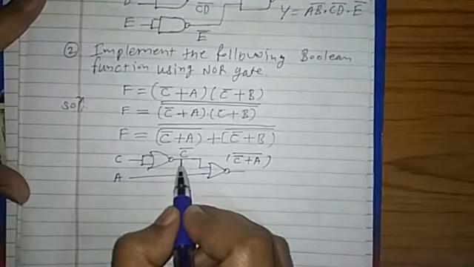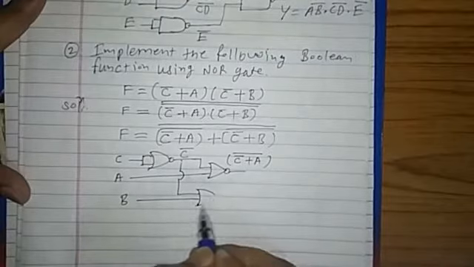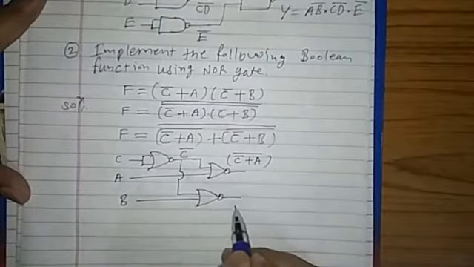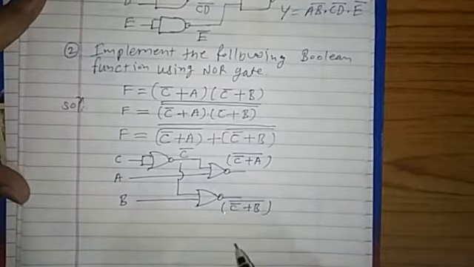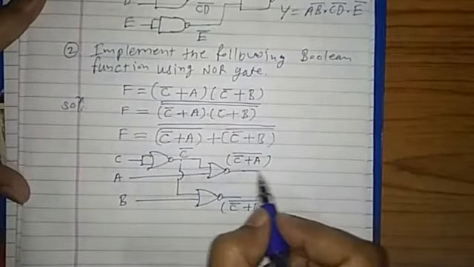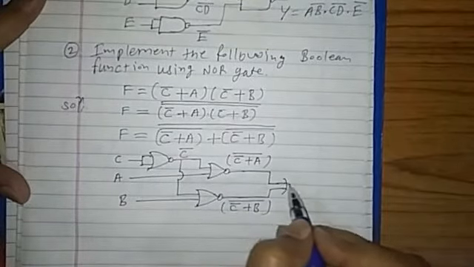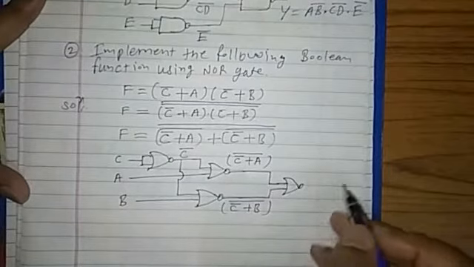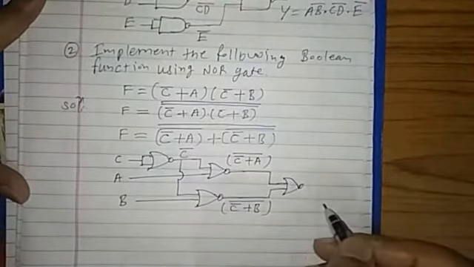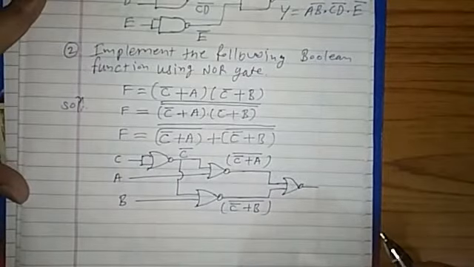Next further one more C bar is there. From here I will take, and this is B. Okay, therefore here it will be C bar plus B whole bar. Okay, now these two are connected to one more NOR gate. Okay, and therefore I can get this.